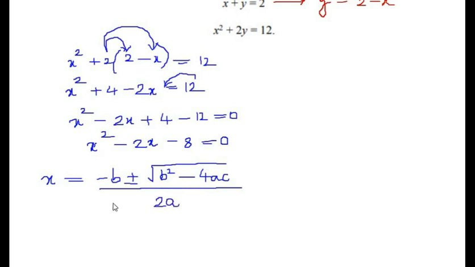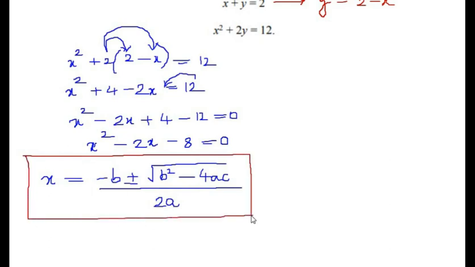This is called the quadratic formula, which can be used to solve any quadratic equation. In this case, this resembles the general form of a quadratic equation, which is written as ax squared plus bx plus c equals 0.